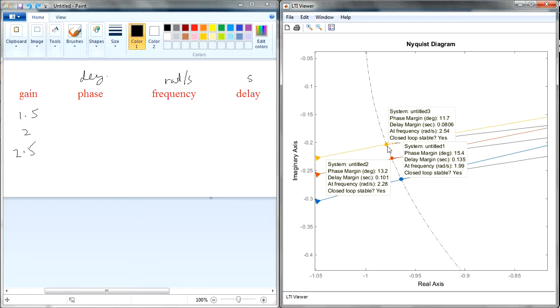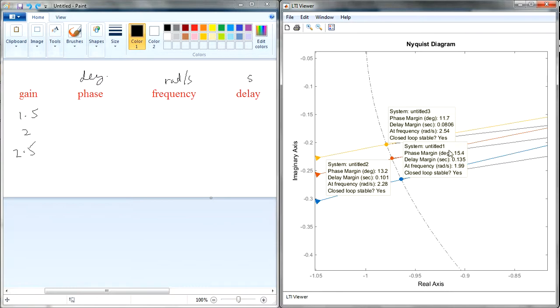this is the yellow color one. As you can see, let's start with the blue color one, in order not to confuse you. So this is the blue color one, untitled 1, untitled 2, untitled 3. By the number, the smaller the number, the smaller your K is. So in this case is 1, 2, and 3.